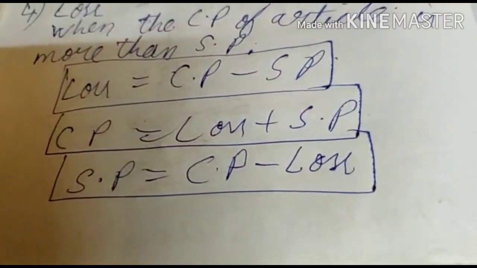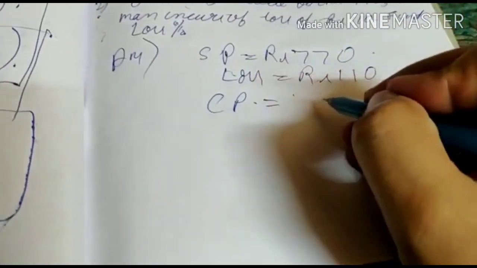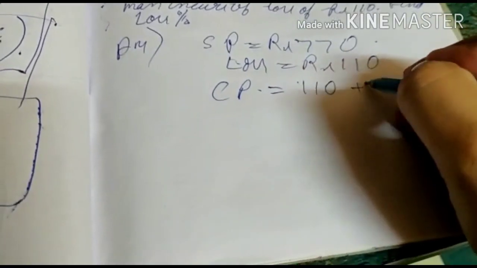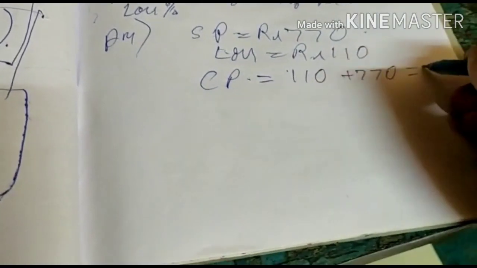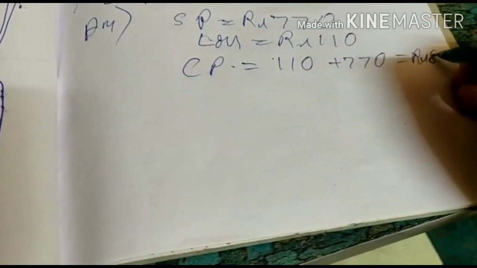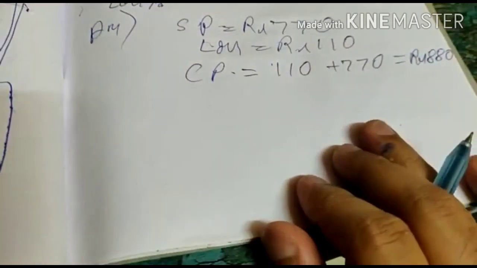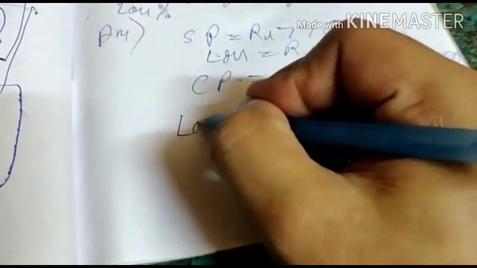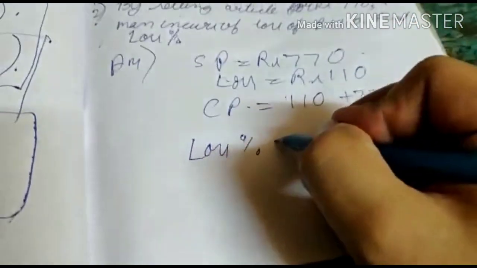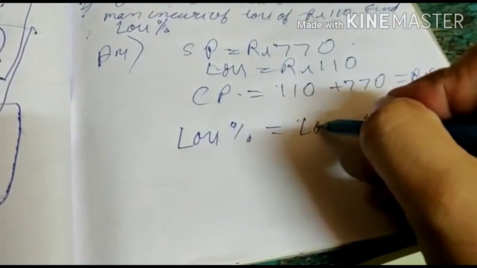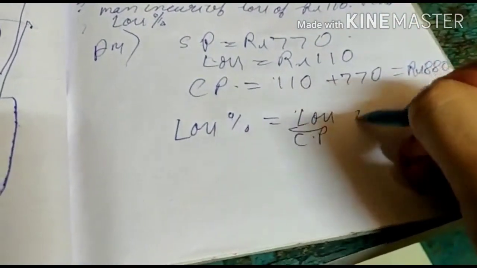in this page we can see that CP equals loss plus SP. So CP equals loss plus SP, that is rupees 880. And now we need to calculate loss percent, that is equal to loss upon CP into 100%.